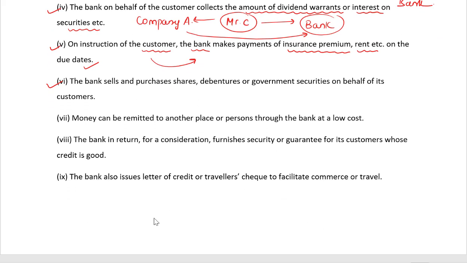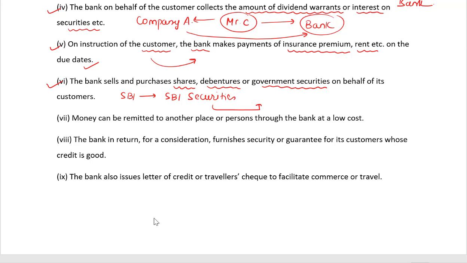Point number 6. The bank sells and purchases shares, debentures or government securities on behalf of its customers. Many a times it has been seen, State Bank of India is also running SBI Securities.